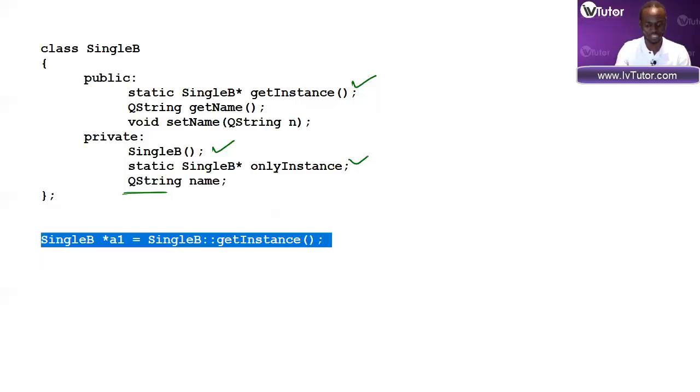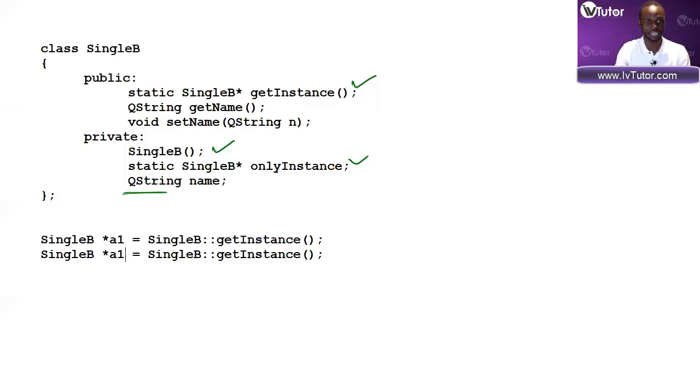And I can do this for the next one, A1 and A2. Then I can do something like A1 dot set name to ABC here. But because it's all one instance, if I then go A2 dot get name, it's exactly the same instance.